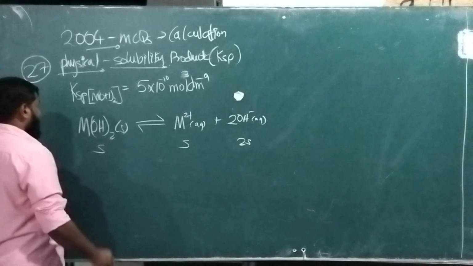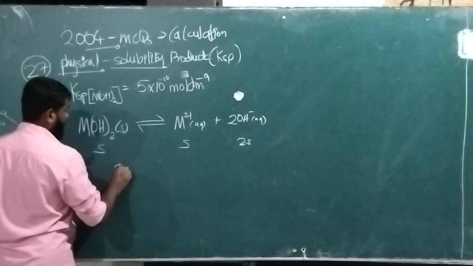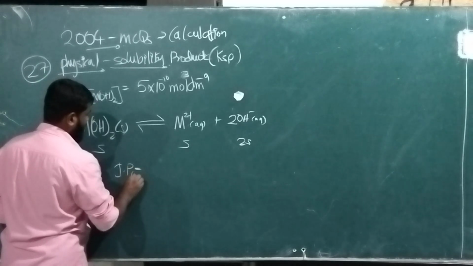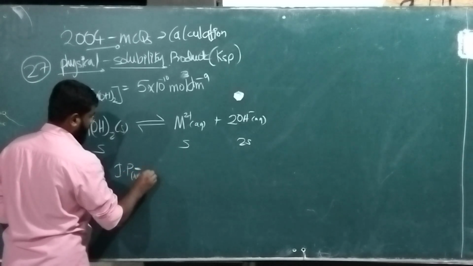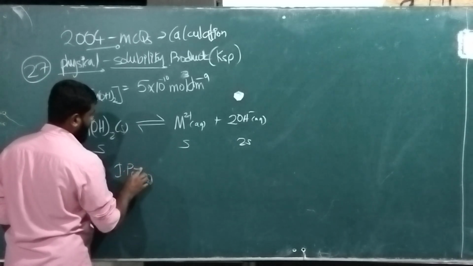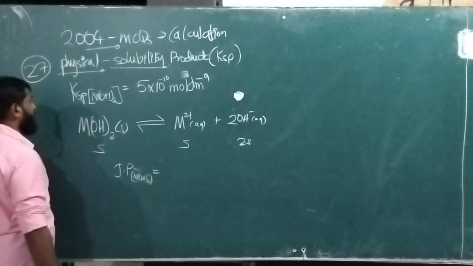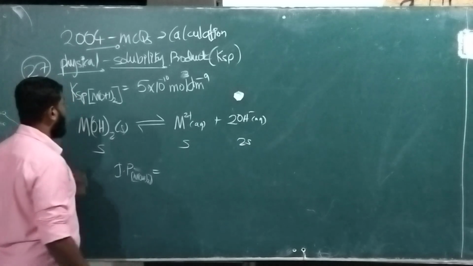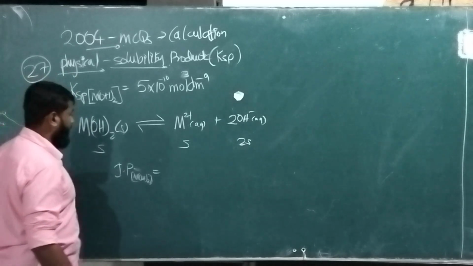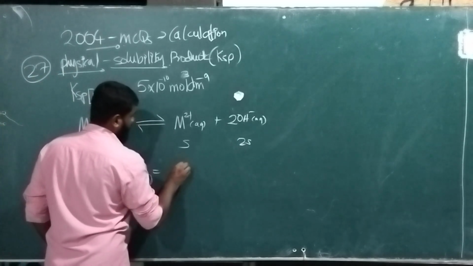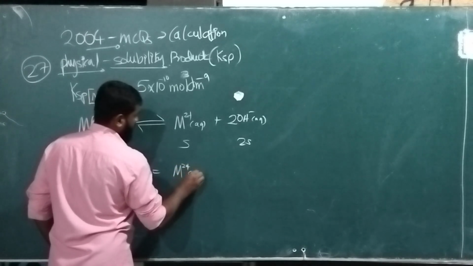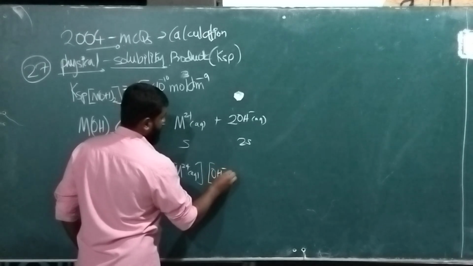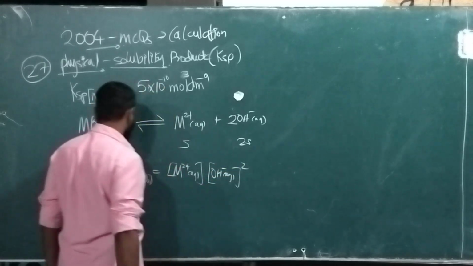Now once you are writing the ionic product, the ion product IP of MOH twice is equal to, and most of you will get confused here. What is ion product and what is KSP? They look like the same thing, right? There will be a problem here, I'll explain why. The ion product is M2 plus aqueous into OH minus aqueous, the whole thing squared.